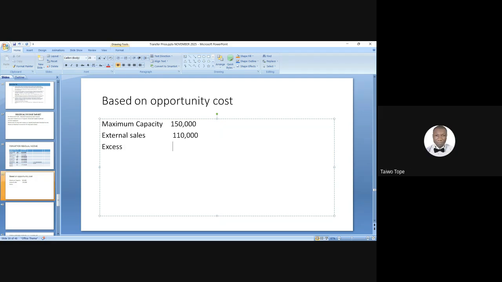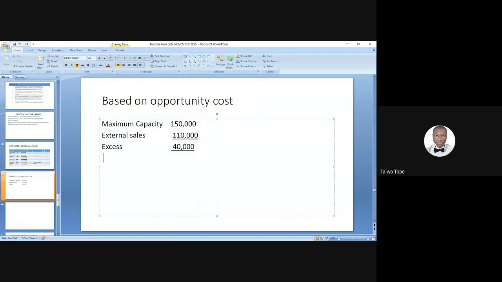The excess is 40. This excess of 40, if they are not giving it out to Division Y, it will be a waste. Take note. Nobody is buying it. So for them not to lose completely, it should be the opportunity cost.